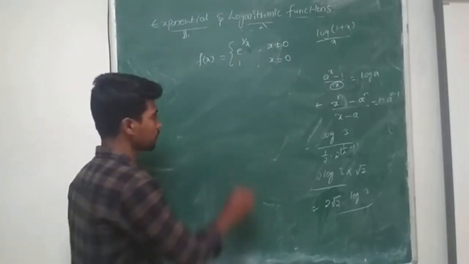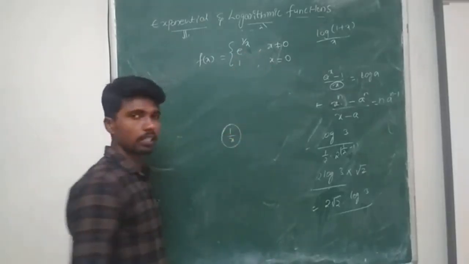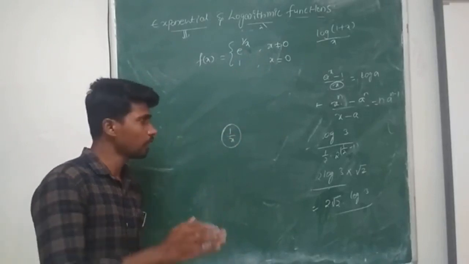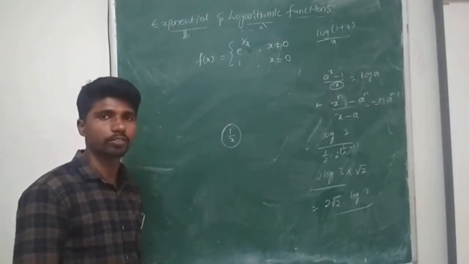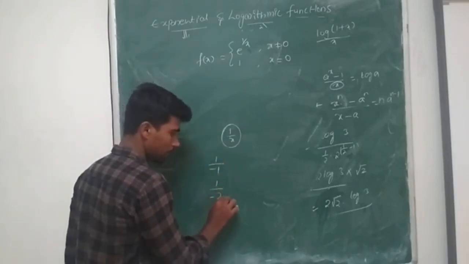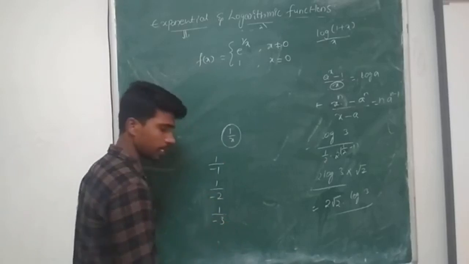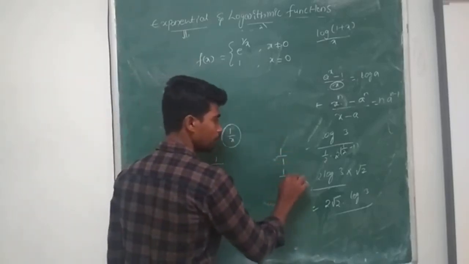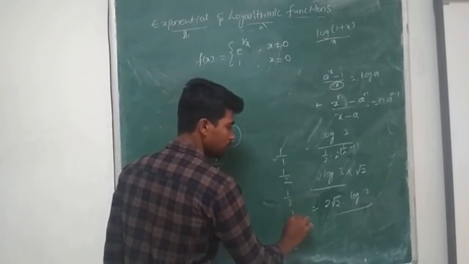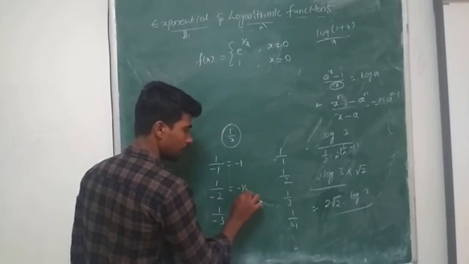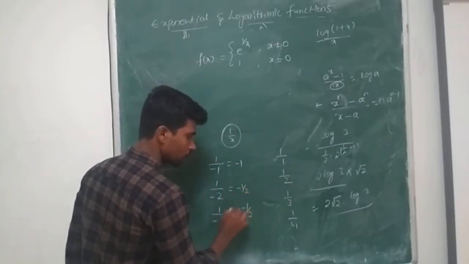1 by x changes for positive values as well as negative values. You see, 1 by minus 1, 1 by minus 2, 1 by minus 3. In the same way, 1 by 1, 1 by 2, 1 by 3, 1 by 4. So what am I getting here? Minus 1, minus 1 by 2, minus 1 by 3.